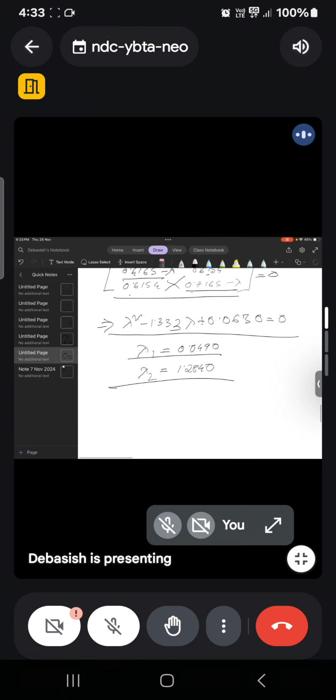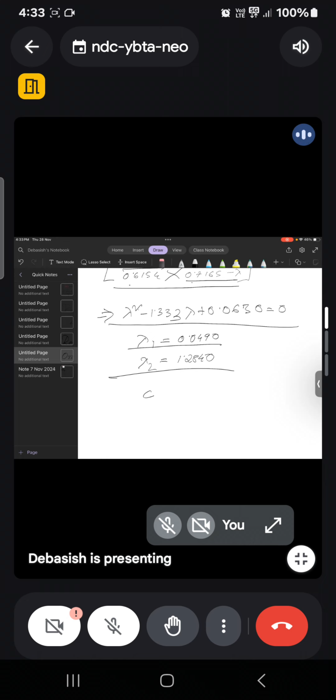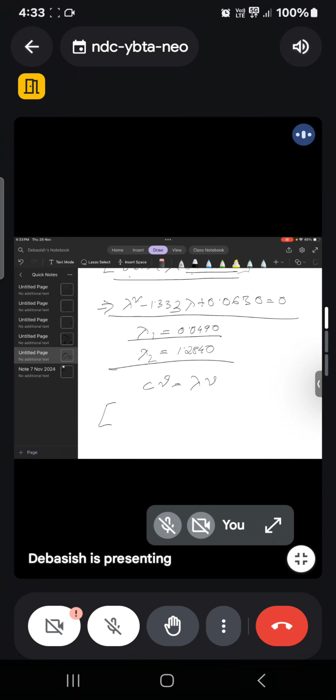How do we find the eigenvector? This is also a formula: C times V equals lambda times V. What is V? C is the covariance matrix, 0.6165, 0.6154, 0.6154, 0.7165, and V we denote as x1, y1.